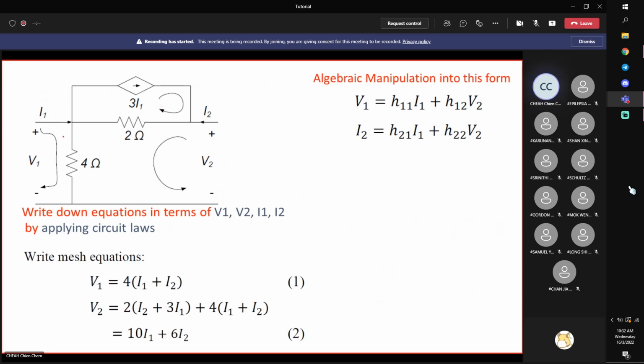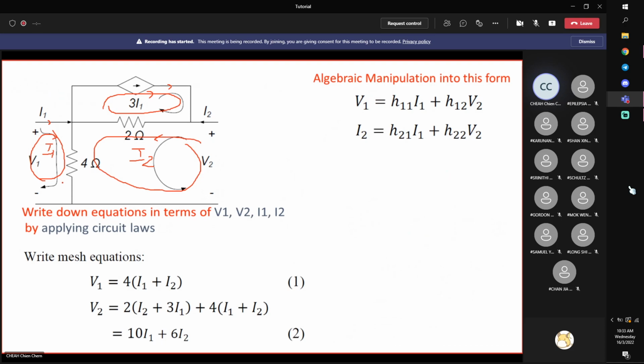So first, let us use mesh analysis. This is my I1. This is my I2. Remember, your convention is that it's inflow. For this one, this loop has a known current, which is called 3I1, in this direction.